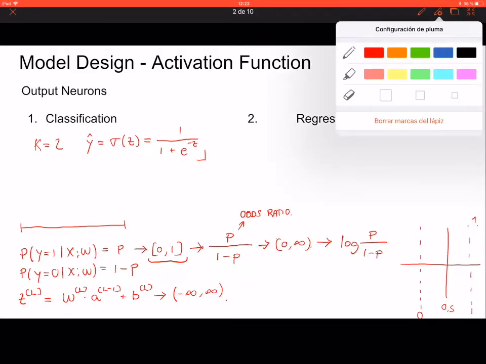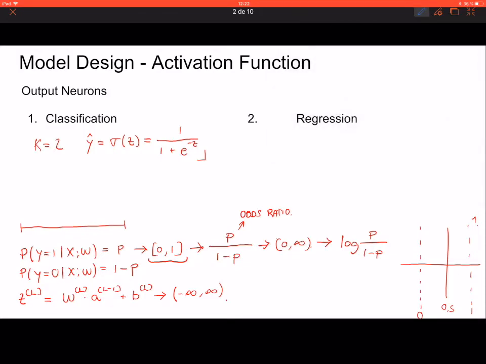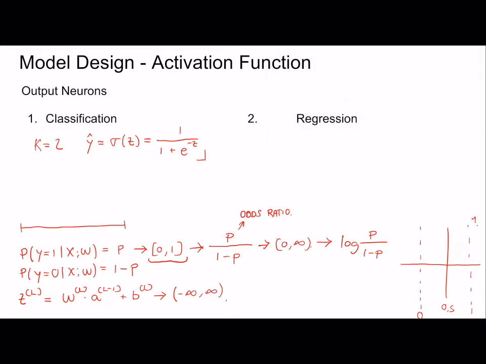If I draw how this function looks, it looks something like this. So if you remember the shape of the sigmoid function, this is essentially like a rotated version of the sigmoid function.